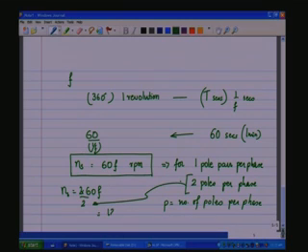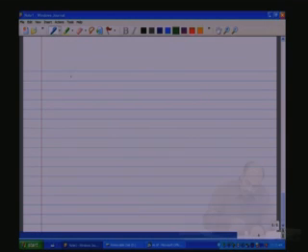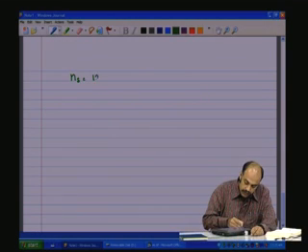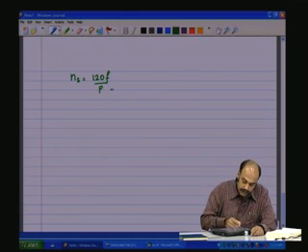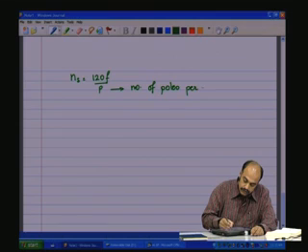This will be 120 f by 2, where 2 indicates the number of poles. And in general, if there are P number of poles, Ns is equal to 120 f by P, where P is the number of poles per phase.